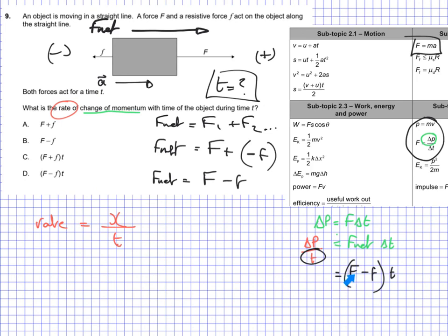This expression, F minus F times T, is delta P, but we need delta P divided by time because that was our rate. I'm going to add that into my previous statement, divided by T, because we're talking about a rate, and that's in the question. So I'm going to divide this by T, and of course that cancels out. That leaves us with just F minus F, which means the answer is B.